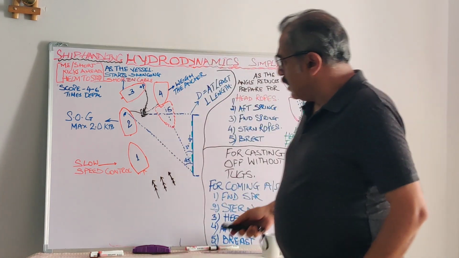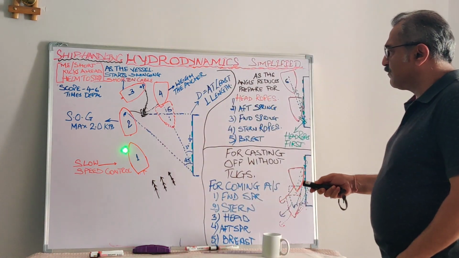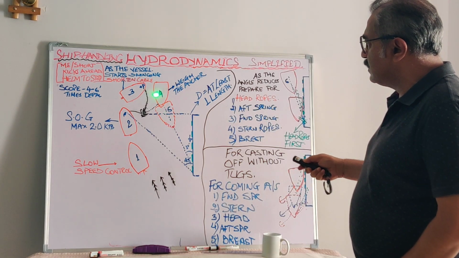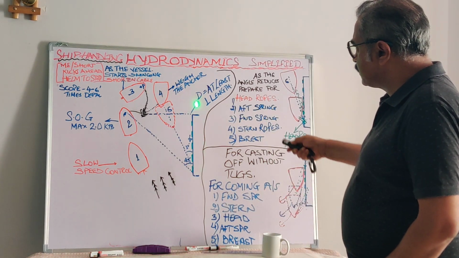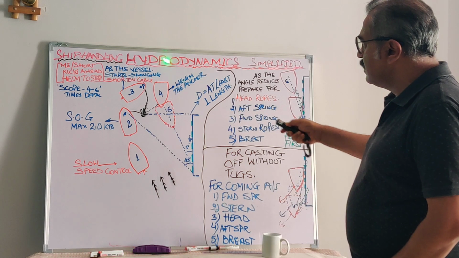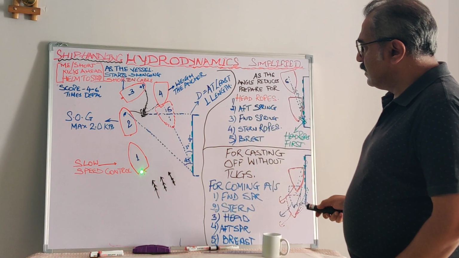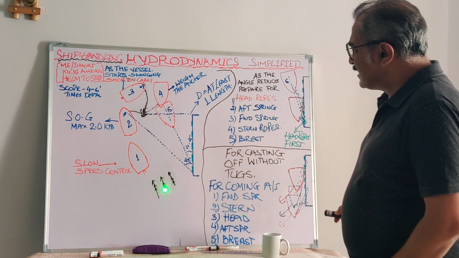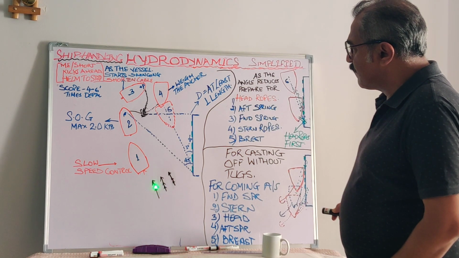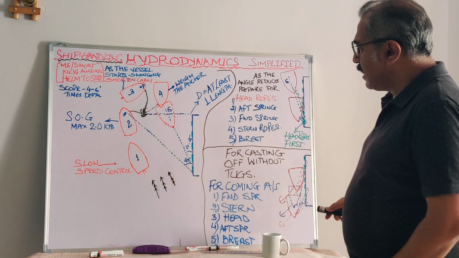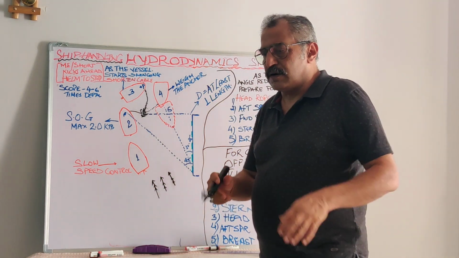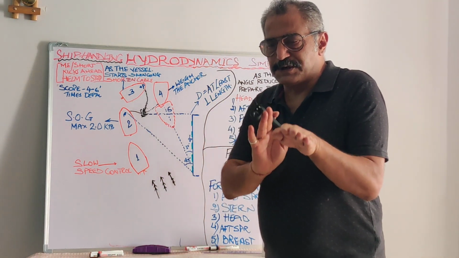So, in this figure, I've drawn 5 ships here. In this figure, we concentrate on the left side of the boat. This vessel is coming up, and the tide is coming and pushing her from the stern. Now what happens when the tide or the current is pushing you from the stern?